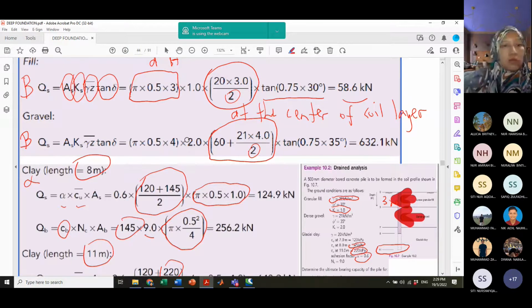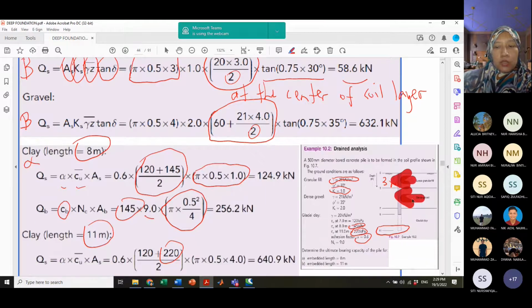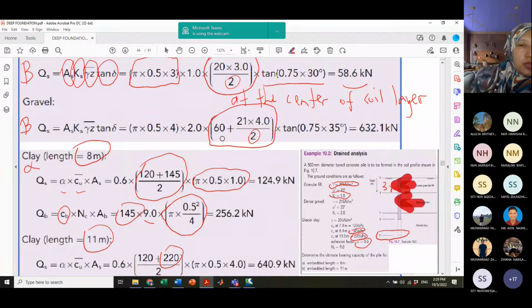And then for the next one, for gravel, the stress and the overburden pressure will be increased from the upper part and also to the second layer. But now the second layer must be calculated at the mid center. So what you will see here is 60, which comes from the upper layer fill, where 20 times 3 gives 60, plus the unit weight for the second layer, 21, times the depth for the second layer, which is 4, 7 minus 3 gives 4 meter.